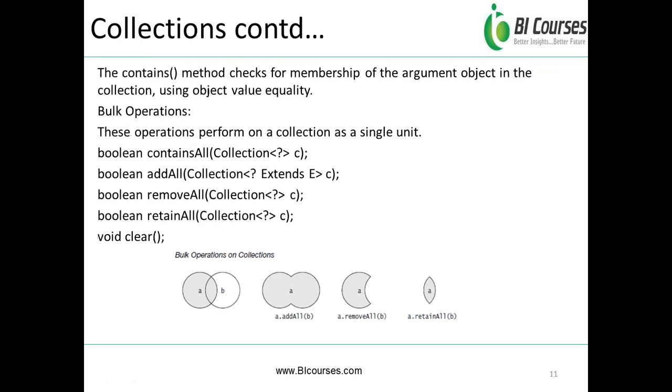So boolean containsAll checks whether this particular collection of objects is available in the whole set. So a.containsAll(b), a.addAll(b), a.removeAll(b), and a.retainAll(b). You can use these containsAll, addAll, removeAll, retainAll methods for bulk operations.